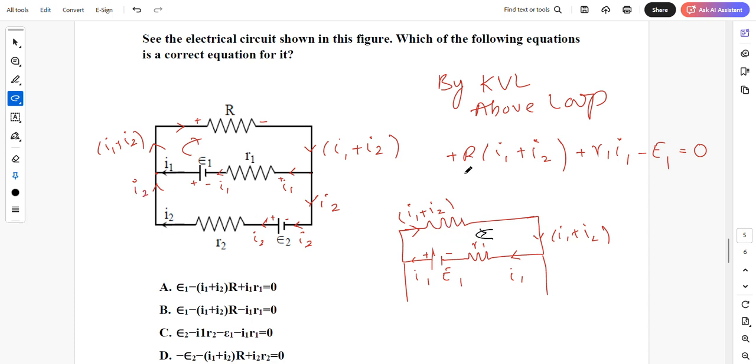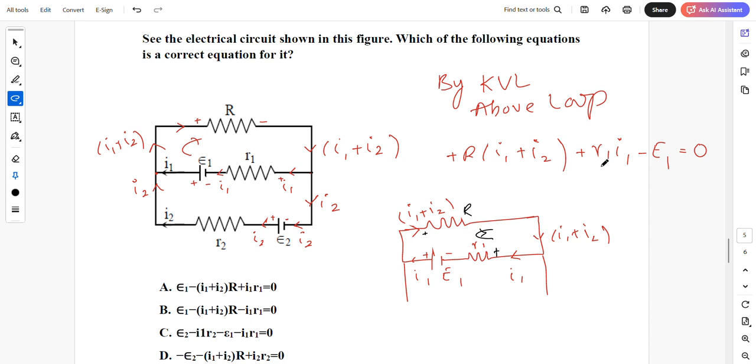So taking this part, this is R, this is plus, because current is entering. R into what is the drop here? Voltage drop, R into I1 plus I2. When I come here, current is entering, plus I1 R1, and then minus. Why am I writing minus? Because I am reaching the negative terminal. That is equal to 0. Hope you have understood.